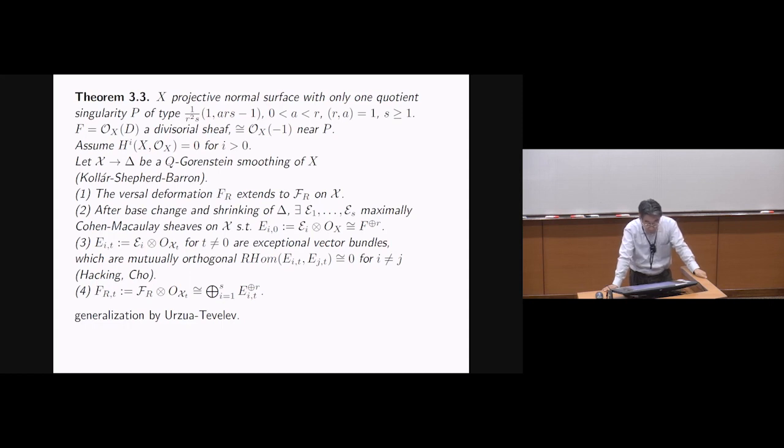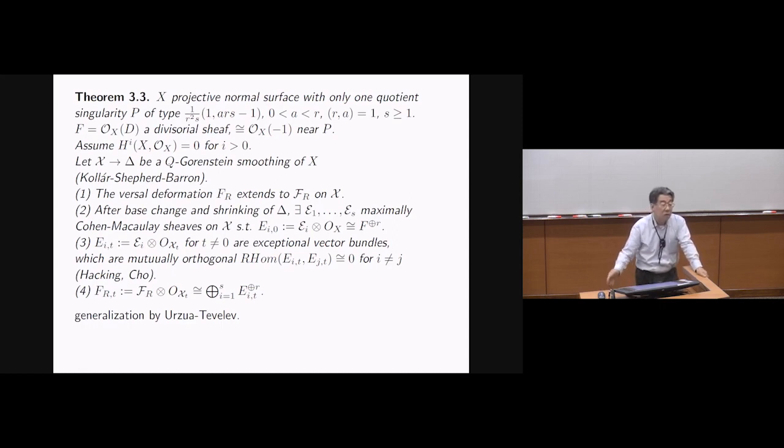Then the versal deformation of F, so F is a divisorial sheaf, but F_R is a locally free sheaf of rank R squared times S, and this extends to a locally free sheaf on the total space of the deformation. And after the base change and the shrinking of the base, there exist maximal Cohen-Macaulay sheaves E_1 to E_S on X, such that its special fiber is just a direct sum of the divisorial sheaf.